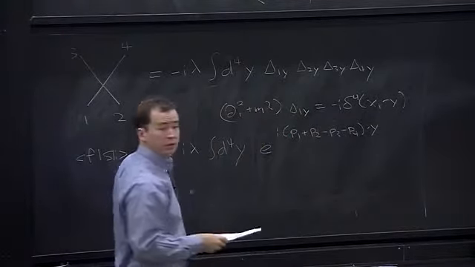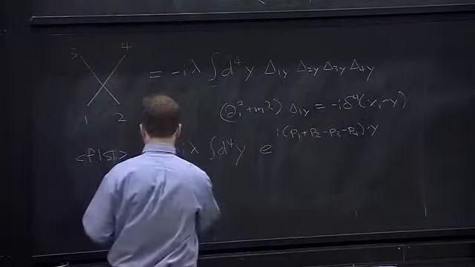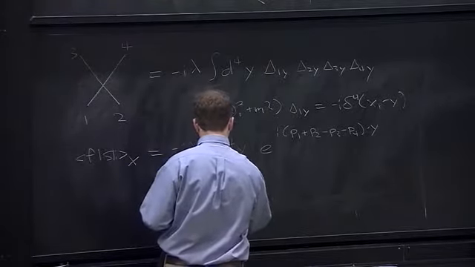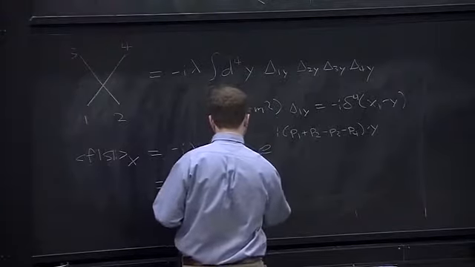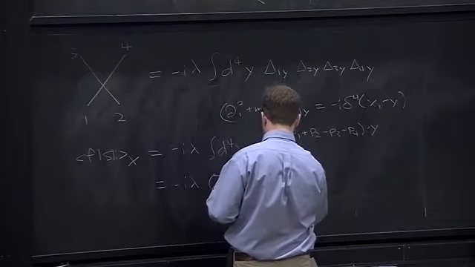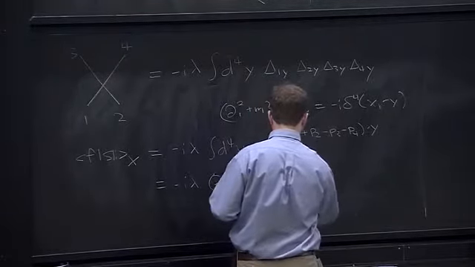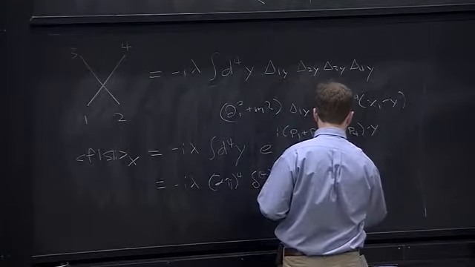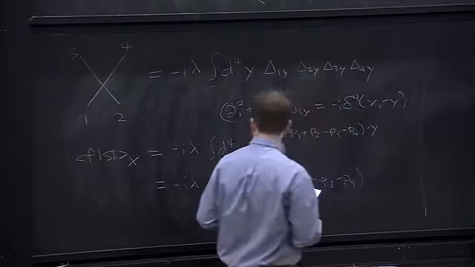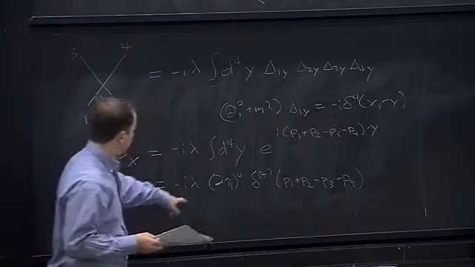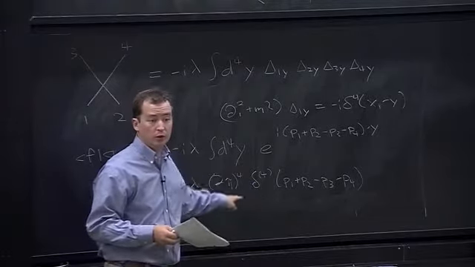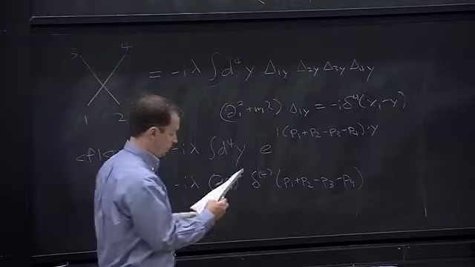And this is an integral we can do. So what we just get is minus i lambda times 2 pi to the 4th delta 4 of P1 plus P2 minus P3 minus P4. And so we just get minus i lambda times an overall momentum-conserving delta function.